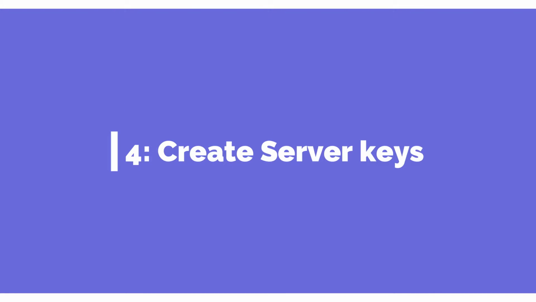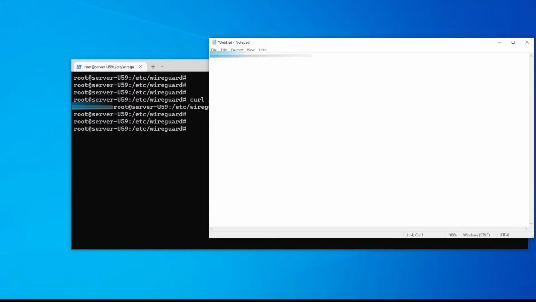Next, we will create the server public and private keys. We will use the WireGuard module to generate the key pair. Write this key pair somewhere else so we can use it later.